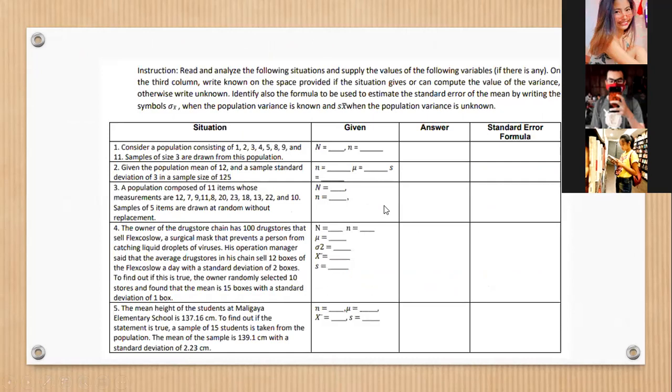So this one is your learning task number 3. Sabi ko nga, ayan na po siya. Ang gagawin nyo talaga, you need to analyze each situation, and in each situation, you have to list all the given: the N, the population size, and the sample size. Then you know this symbol, di ba? The population mean and the standard deviation, the sample standard deviation. So ito po yung sample mean ha, X with a bar.